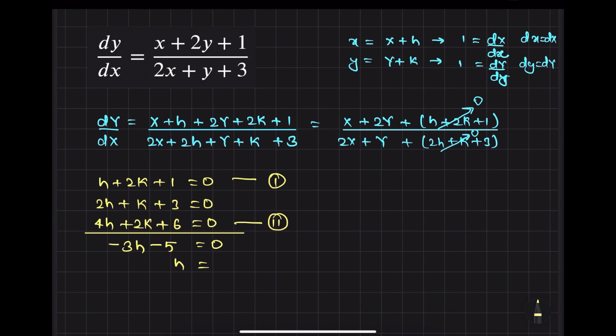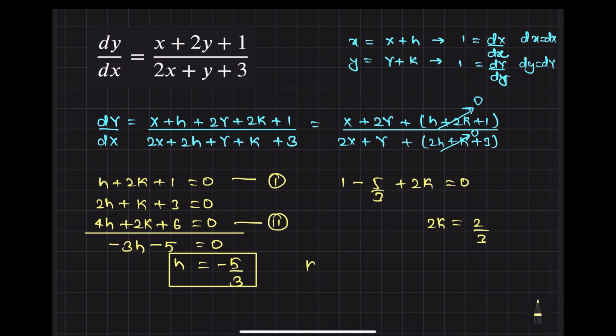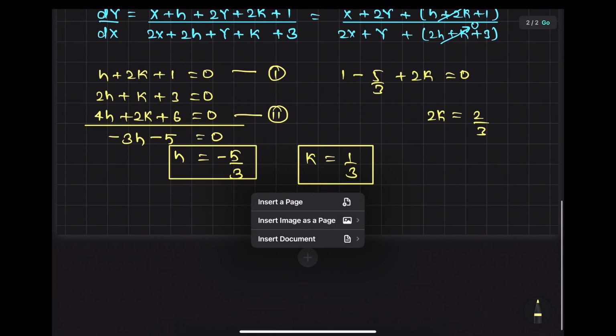So we have h as minus 5 by 3. So we got the value of h as minus 5 by 3. Similarly you will find the value of k. So, wait, 1 minus 5 by 3 plus 2k equals 0. So it is minus 2 by 3, so 2 by 3 equals 2k. So the value of k becomes 1 by 3. I hope you got the values of h and k. Now look at this, how we will respond.